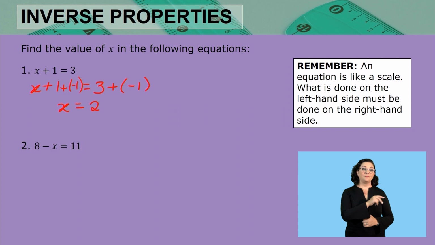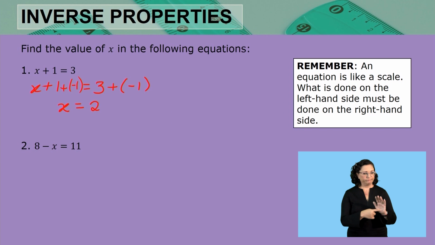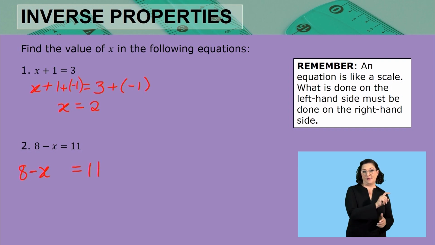Let's look at the second one here. We have now 8 minus x is equal to 11. Right? So x was subtracted from 8 and the answer is 11. So how are we going to solve for that? Again, we are going to be working with the additive inverse of a positive 8. So what is that going to be? The additive inverse of a positive 8 is a negative 8.